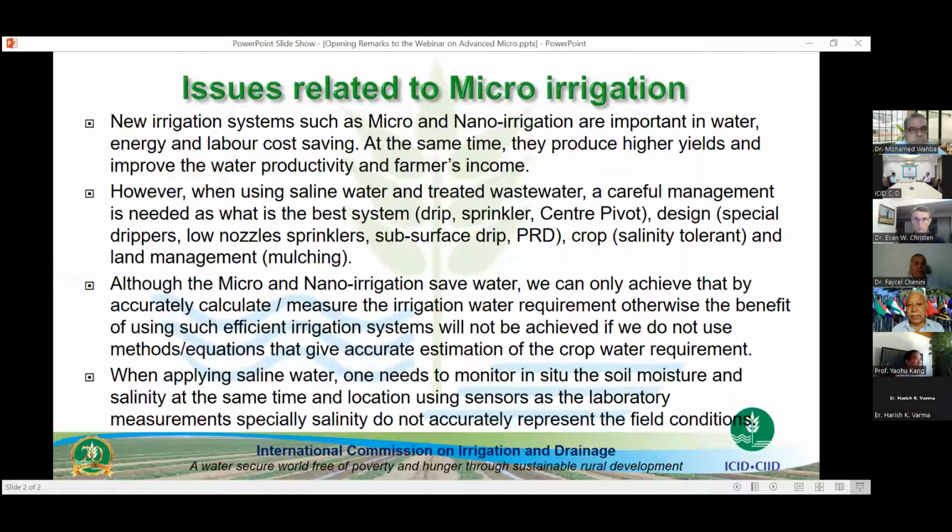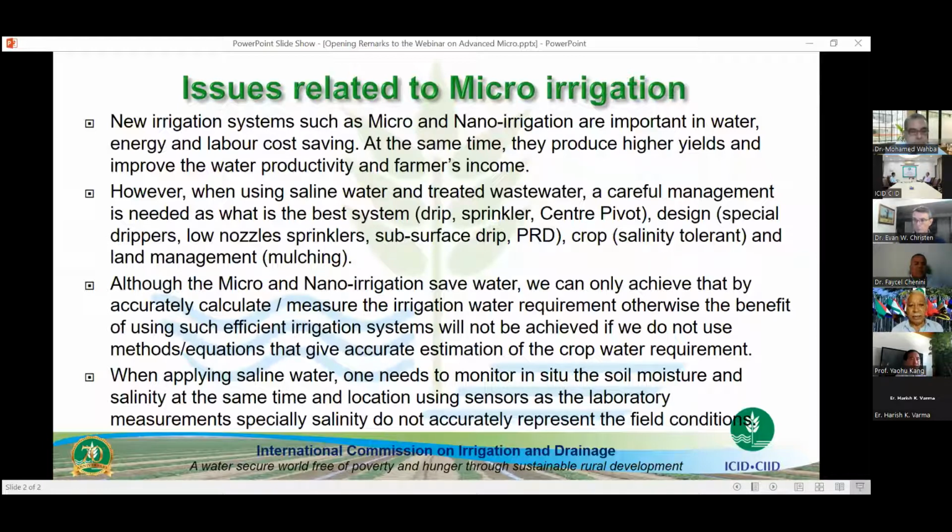At the same time, they produce higher yields and improve water productivity and farmers' income. They are really wonderful new technology, and all of us are interested to learn more from our distinguished speakers today.